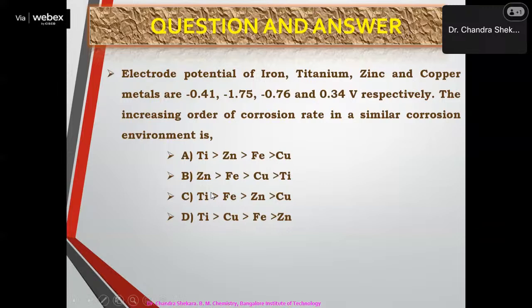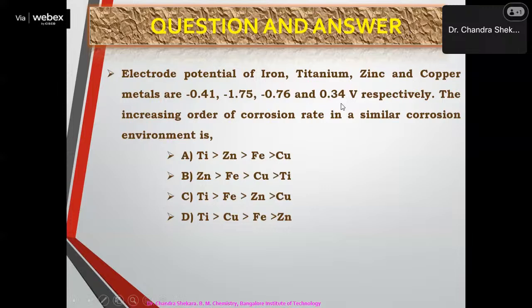See here, we have to consider two factors, as we discussed during the presentation. The first factor you have to consider is the electrode potential of the metal. As per electrode potential, you can see titanium has the highest negative potential value, then the zinc metal, and then iron metal, and then copper metal has 0.34 volts positive potential value.